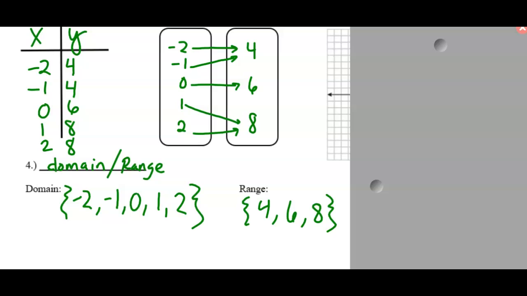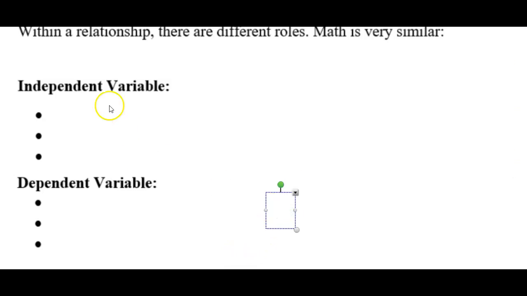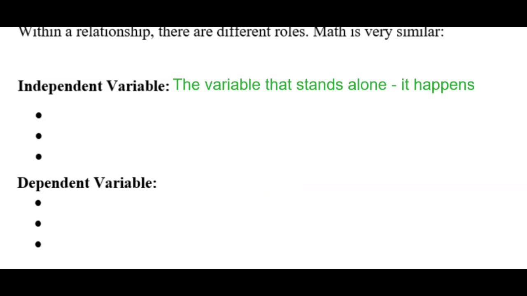Okay? Now, as you are looking at that, we're looking at independent and dependent variables, and we're looking at relationships, and our relationships depend on certain things, right? So an independent variable is the variable that just stands alone or just happens, and it's not something that we can change. Where the dependent variable is something we can change, but we'll talk about that in a minute.